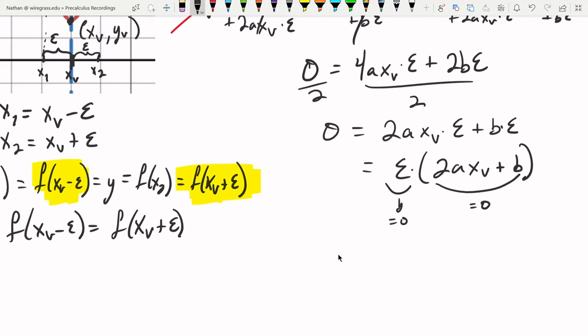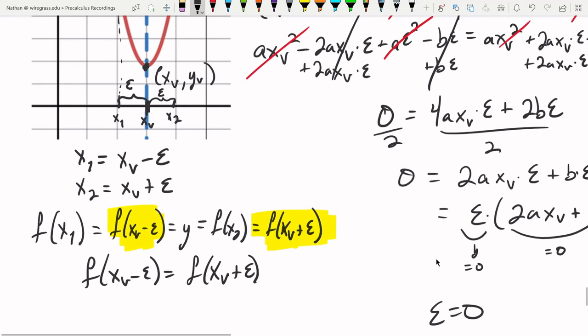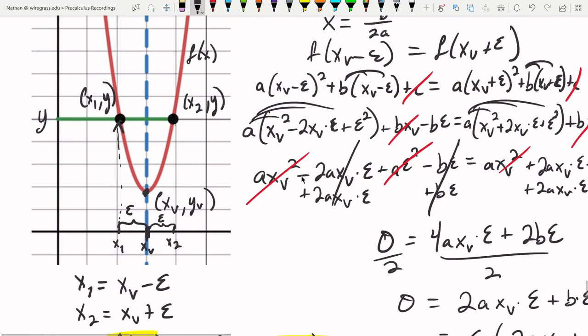If epsilon equals 0, that means over here in our graph there is no distance away from the vertex that we're moving, which means that both of these points equal the x-coordinate of the vertex.